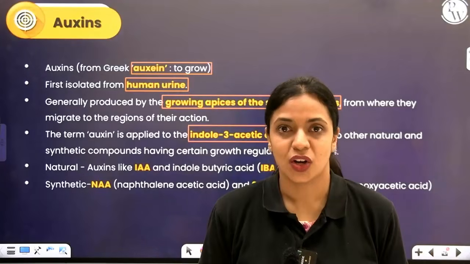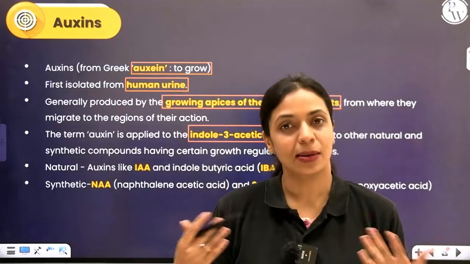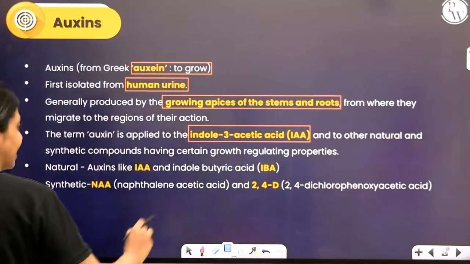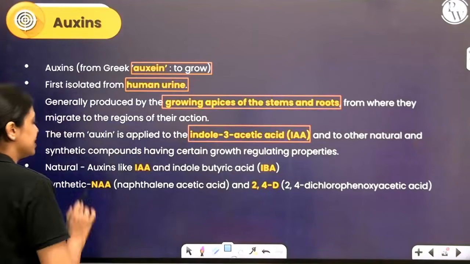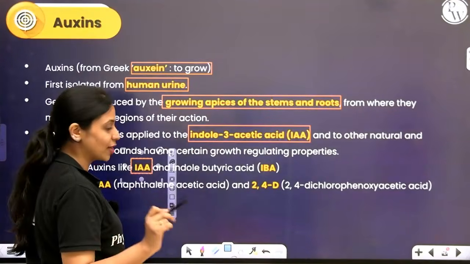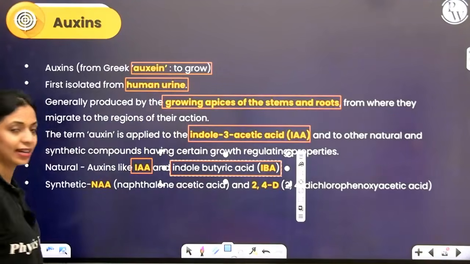Not all of these auxins are produced by plants. Some of them are naturally synthesized by plants. Some of them are produced chemically also. So, indole acetic acid is natural. Similarly, you have another auxin which is natural, which is indole butyric acid. IAA, IBA, these are natural.